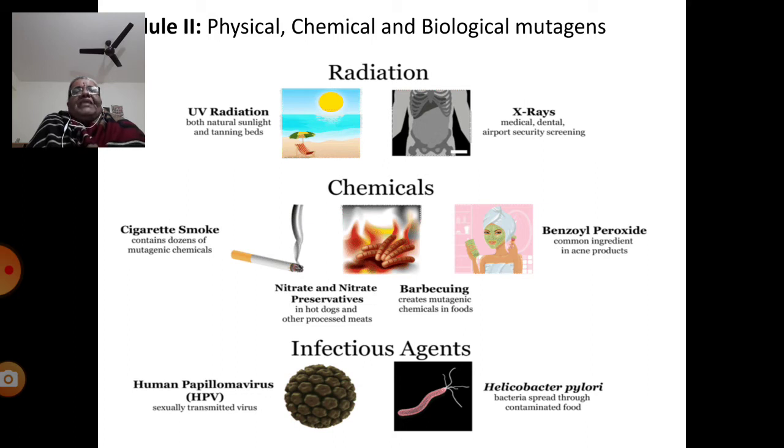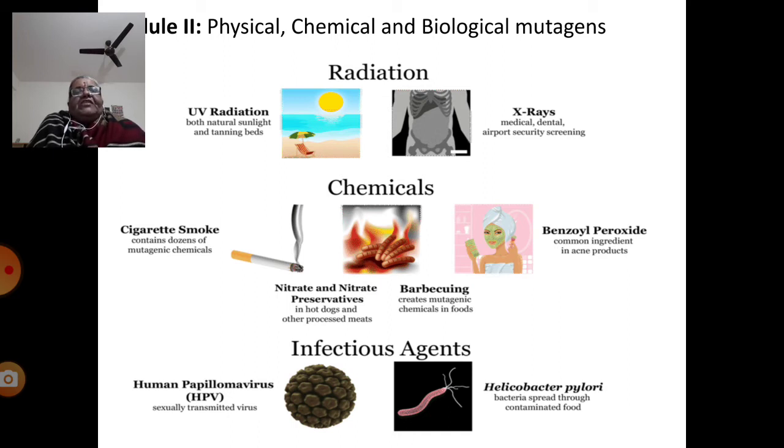And many chemicals do serve as mutagens. For example, cigarette smoking, and then nitrate and nitrate preservatives, and then barbecuing, then benzyl peroxide, and many chemicals serve as potent mutagens, bringing about harmful mutations.